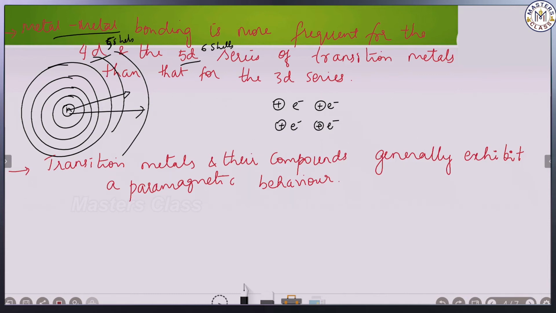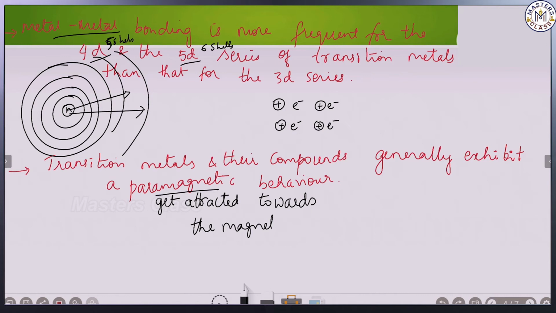That is, they have their outermost shell electrons at a greater distance from the nucleus, as compared to 3d transition elements. Next one, transition metals and their compounds generally exhibit paramagnetic behavior. Paramagnetic behavior means they should get attracted towards the magnetic field.